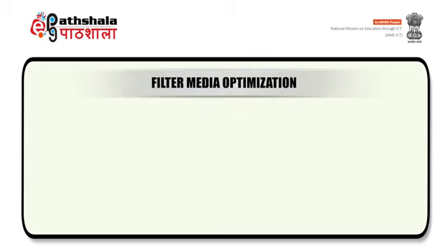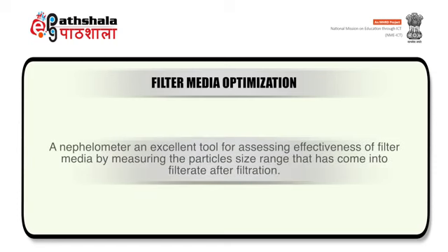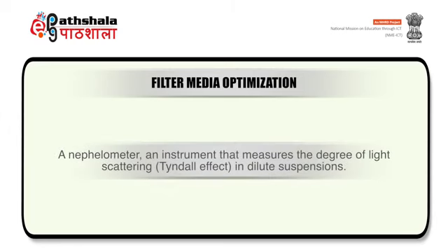Now, filter media optimization. A nephelometer is an excellent tool for assessing the effectiveness of the filter media. A nephelometer is an instrument that measures the degree of light scattering, that is the Tyndall effect, in a dilute suspension, and thus helps in measuring the particle size range that has come into the filtrate after filtration.